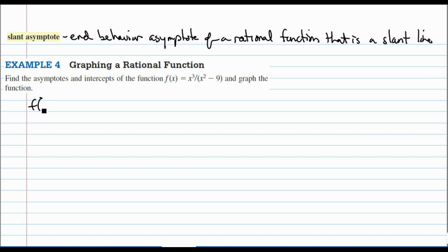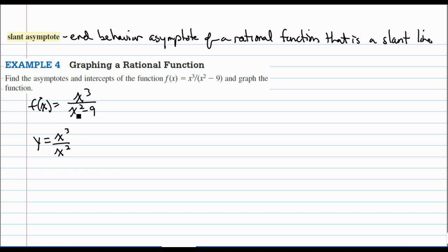Asymptotes first. f of x equals x cubed over x squared minus 9. Now, I told you before that you had to do synthetic division or long division. I also told you you had to know about the degree in the numerator and degree in the denominator. Well, there's a reason why all that kind of works out. Your end behavior asymptote is going to be y equals x cubed over x squared.